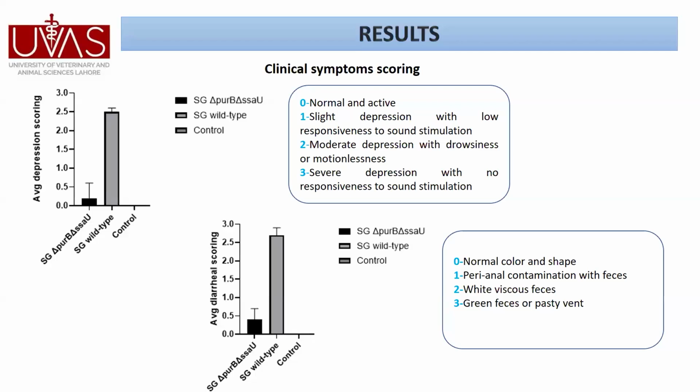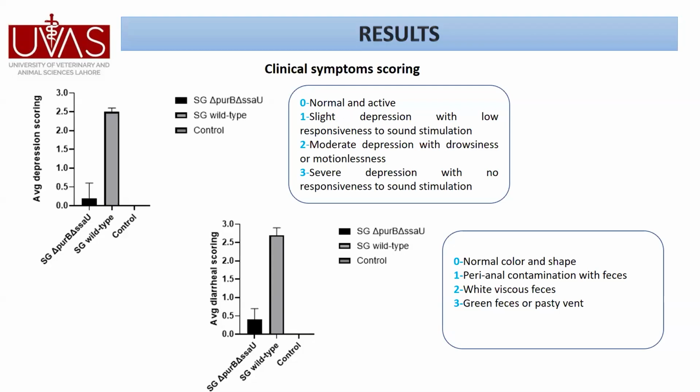You can see that our mutant, the double mutant, showed an almost 0 score, meaning no clinical signs. The wild type showed a 2.6 or 2.8 score, which is almost the highest score. That's pretty much expected for those who know that Gallinarum causes serious illness in birds.